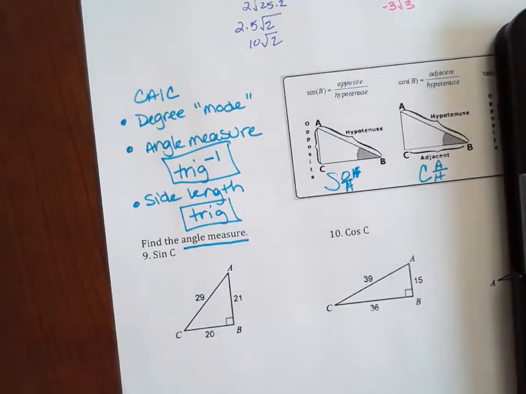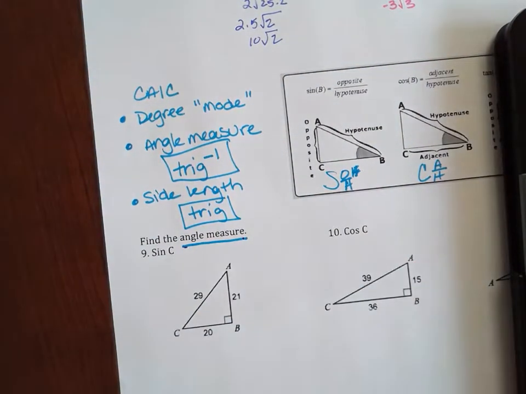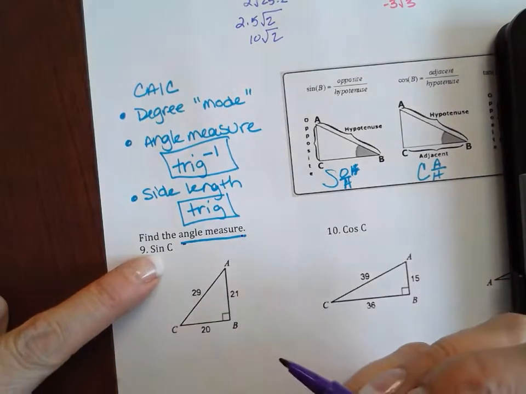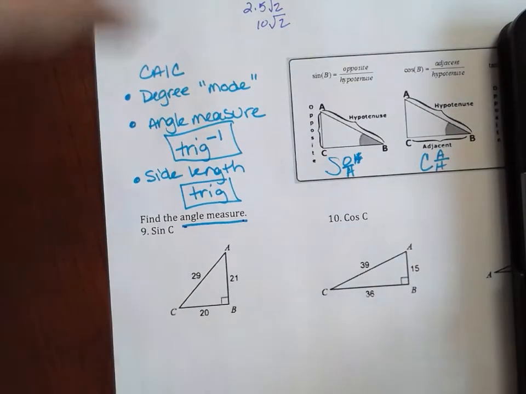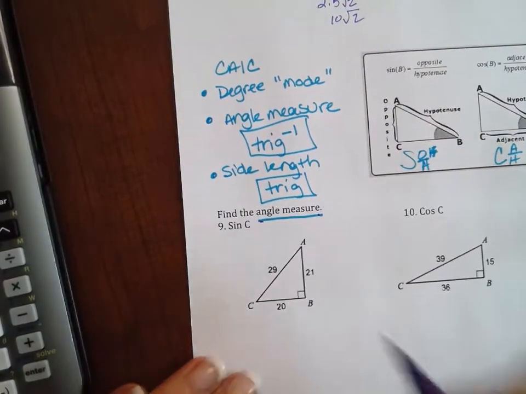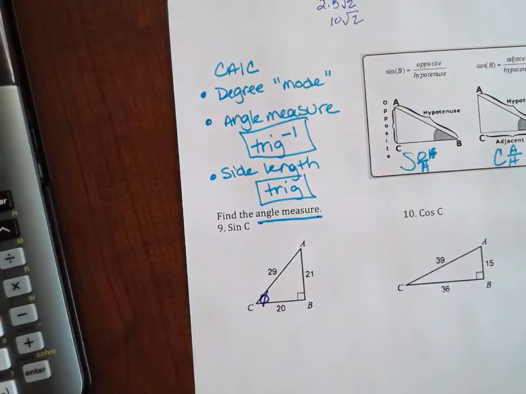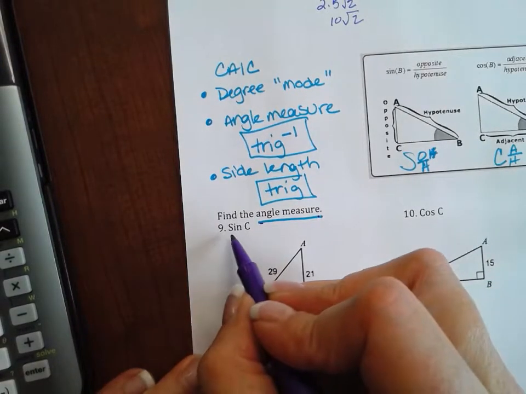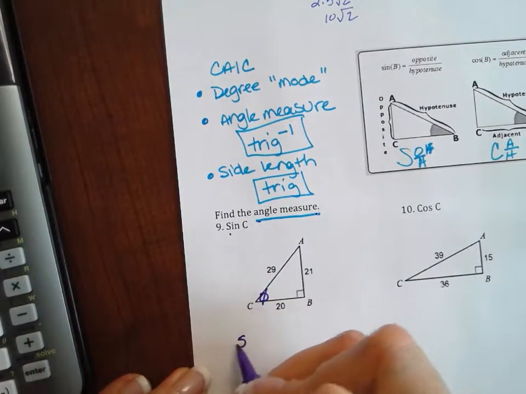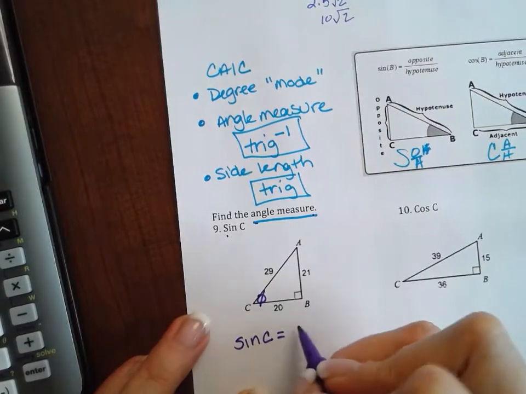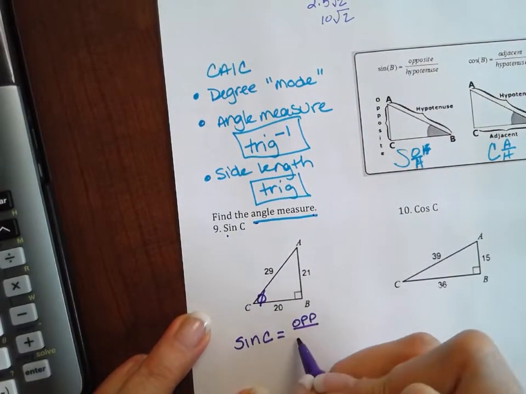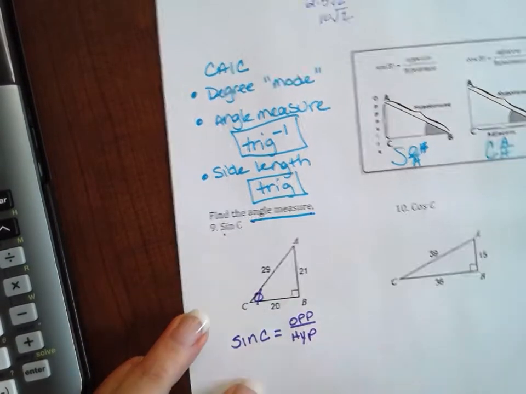Okay, so I want to find the angle measure. I want the sine of C, so I'm looking for this theta. Remember the angle measure, we call it theta? If it's sine of C, then I'm looking for the opposite over the hypotenuse, right?